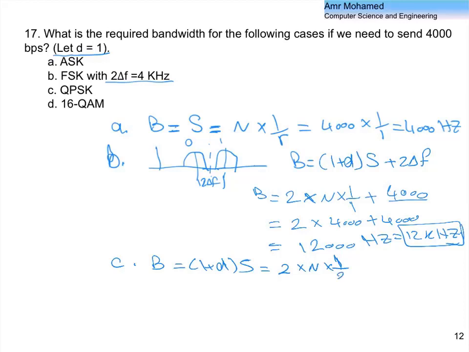So R is 2. So we have 2 times N, which is 4,000, times 1 over 2. So that's 4,000 hertz.